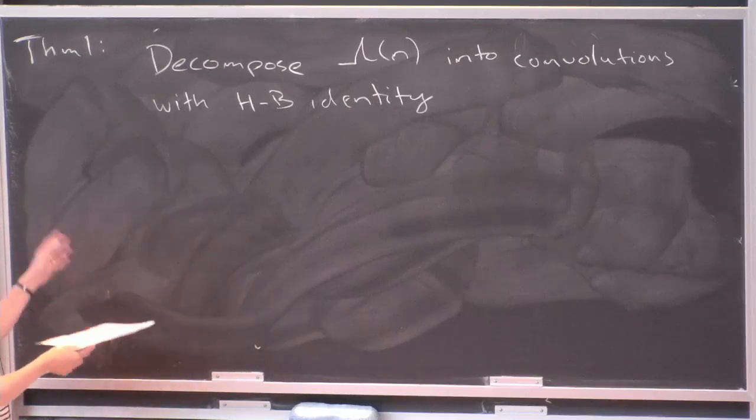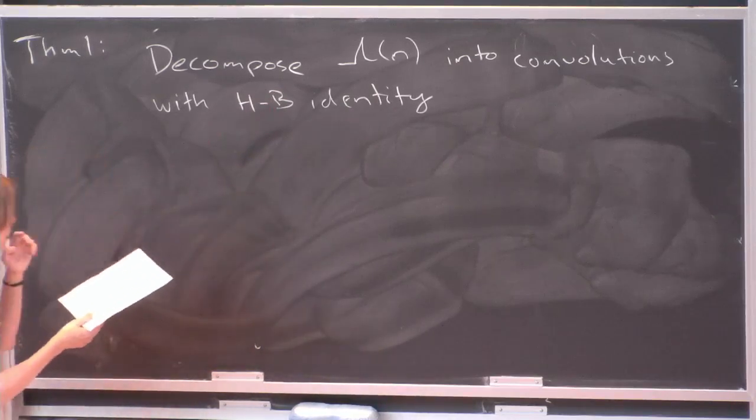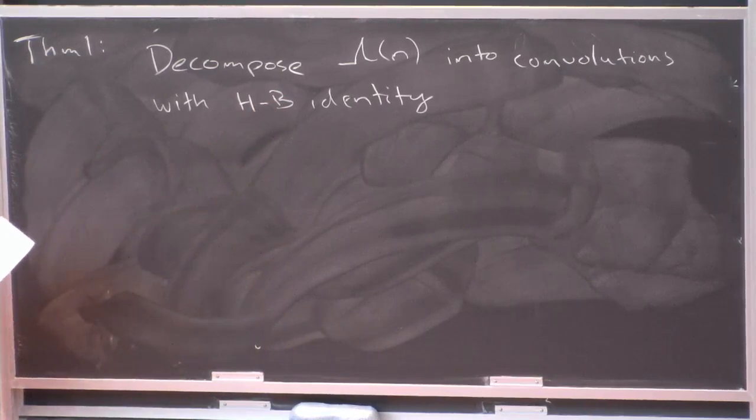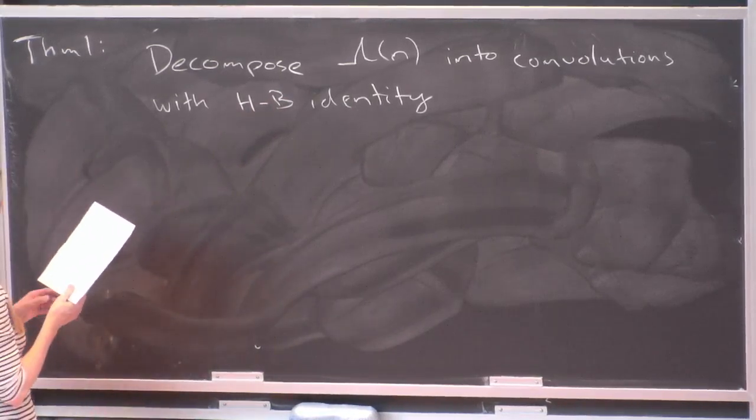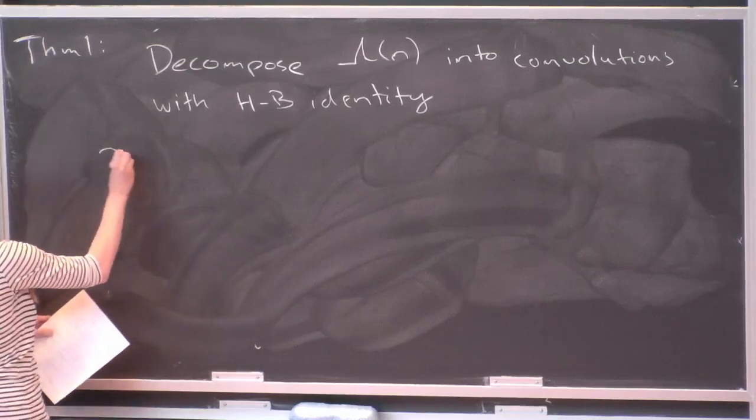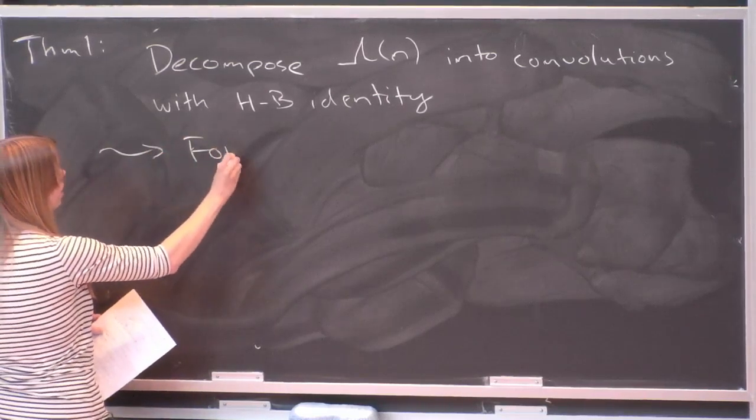And it allows us to look at certain types of convolutions for this lambda n instead of looking at the original function lambda n.